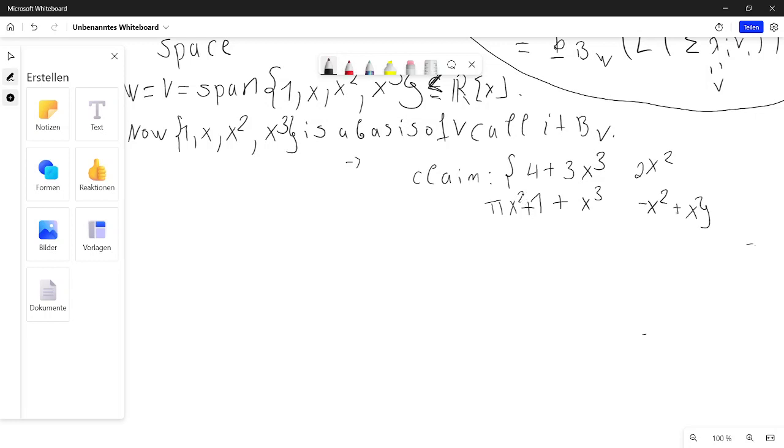The claim is that this is another basis of V equal W. Right. And we call it VI.